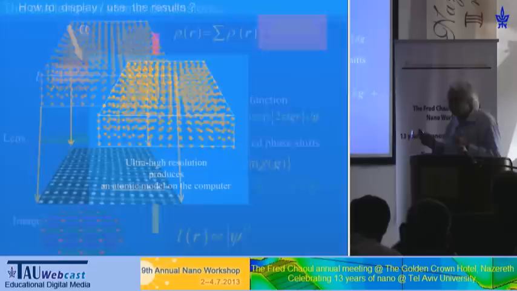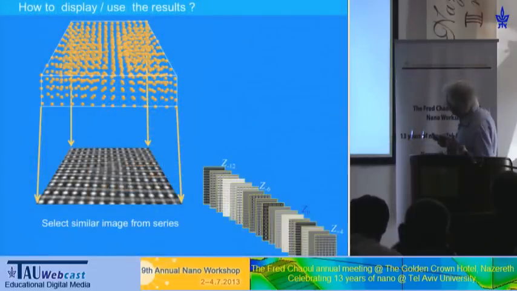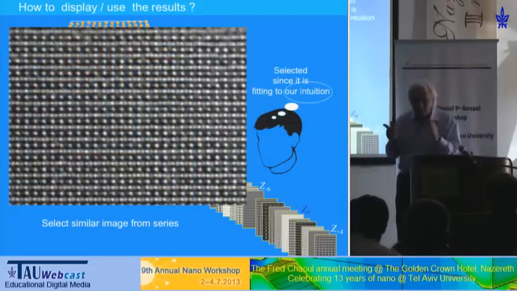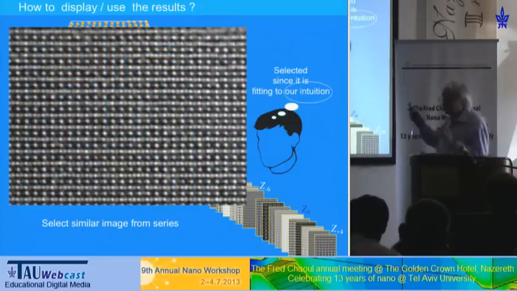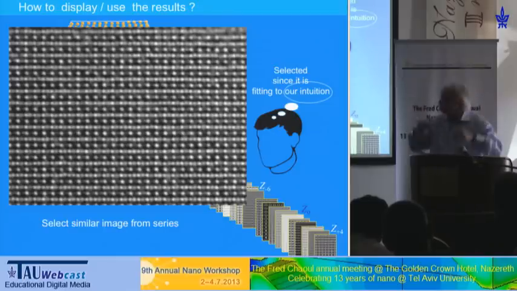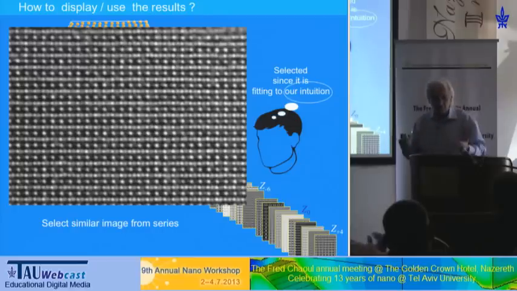So what I can do for you is I just take the image series, which I have taken before, and I now select on purpose the image which fits best to our model and to your intuition. Because your intuition always assumes that you look through something, you have a projection. So I count on this intuition and give you the image which you want to see.